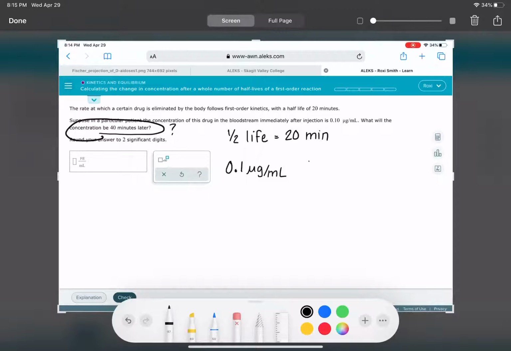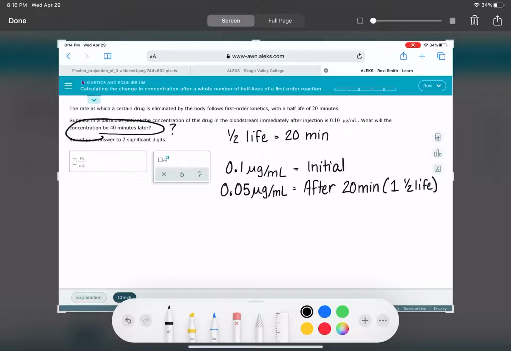So this is our initial amount. And then after 20 minutes, which is 1 half-life, that initial amount is going to be cut in half. So 1/2 of 0.1, that's what we have.